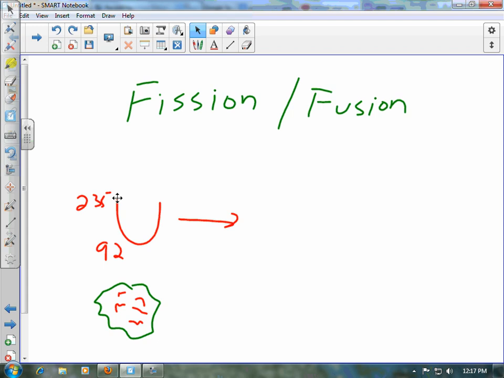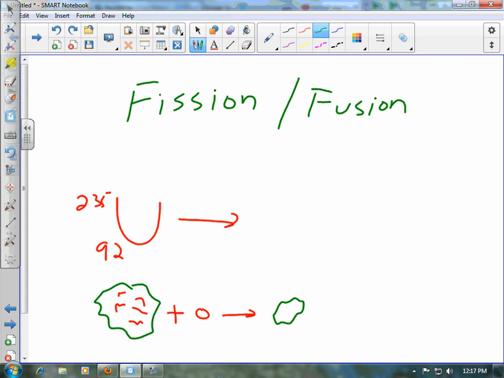So anyway, this uranium, if you hit it with a single neutron, so I'm just going to indicate this by a plus sign, it will split apart into two separate nuclei. One of the smaller nuclei is going to be krypton-91, which is element number 36, and barium-142, which is element number 56.